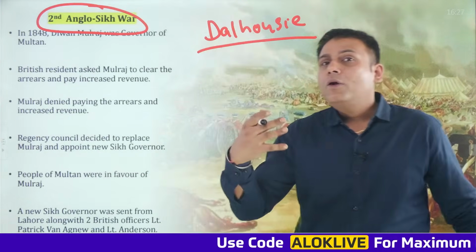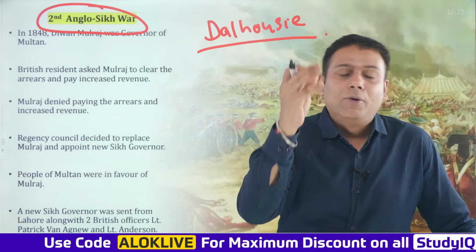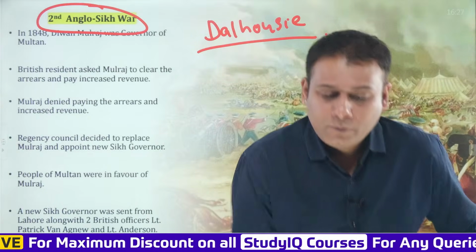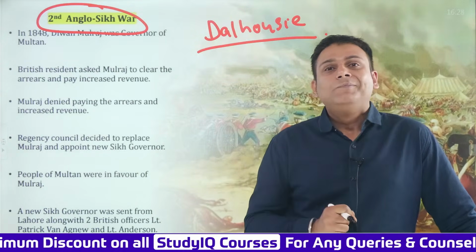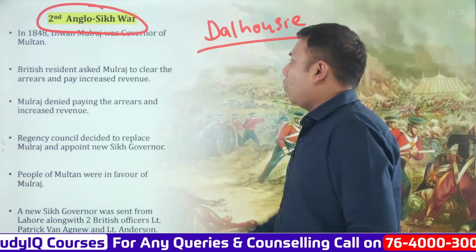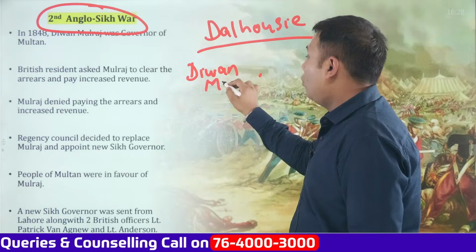Now, what were the major reasons for the Second Anglo-Sikh War? Let's throw light upon them. Precisely speaking, the Second Anglo-Sikh War began from a person whose name was Diwan Moolraj.